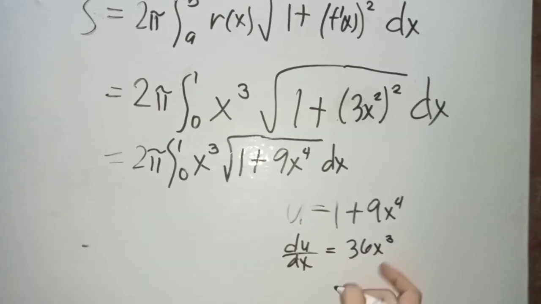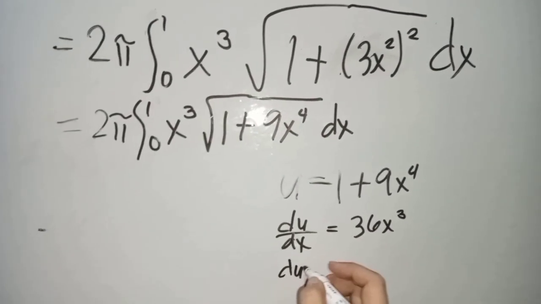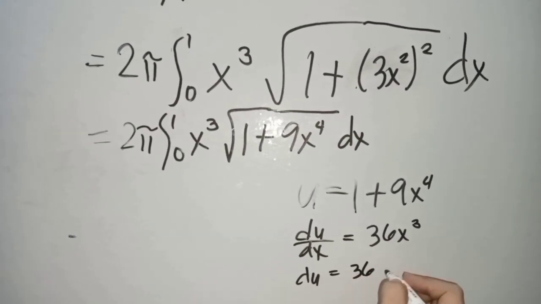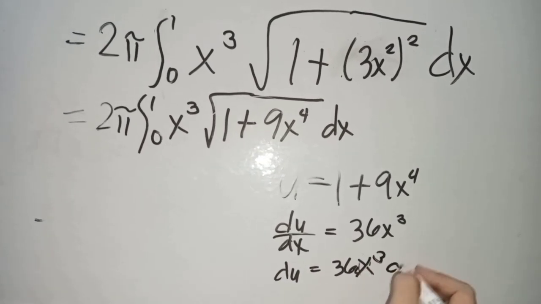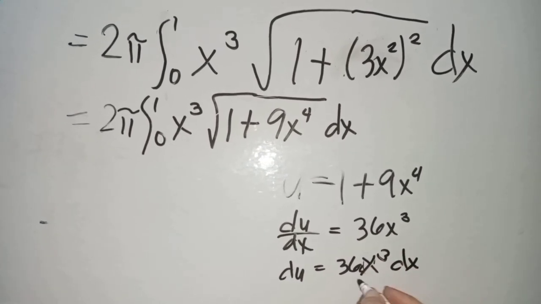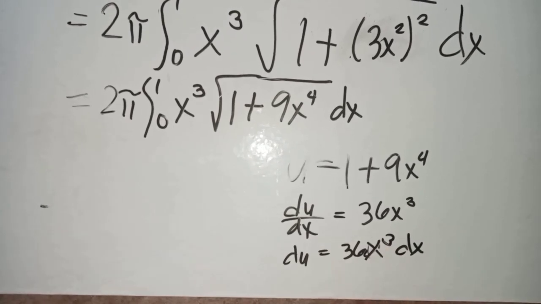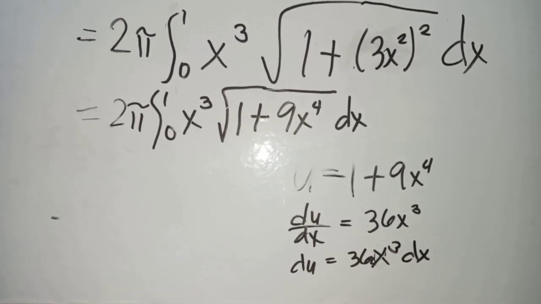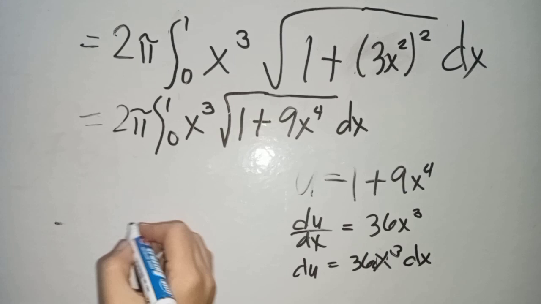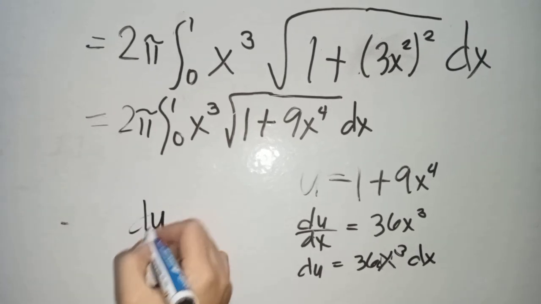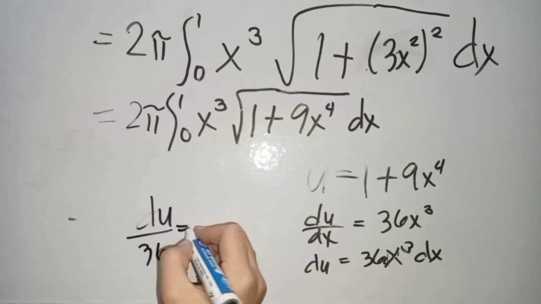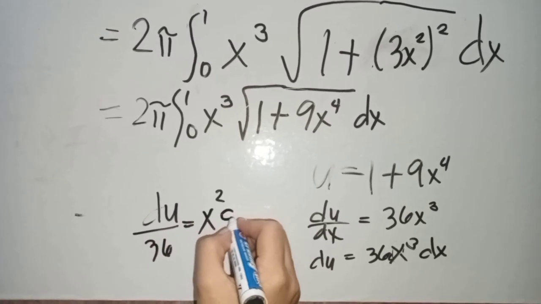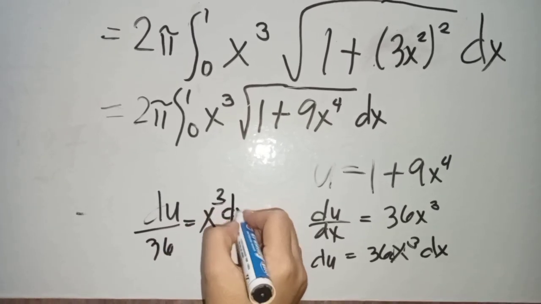9 times 4 is equal to 36, so we have du/dx = 36x³. Then multiply both sides, so we have du = 36x³ dx. So du/36 = x³ dx.